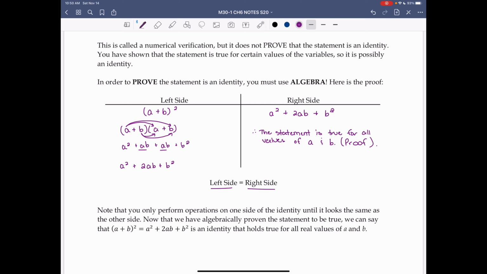Note that you only perform operations on one side of the identity until it looks the same as the other side. Now that we have algebraically proven the statement to be true, we can say that the binomial (a + b) squared equals a squared plus 2ab plus b squared is an identity that holds true for all real values of a and b.